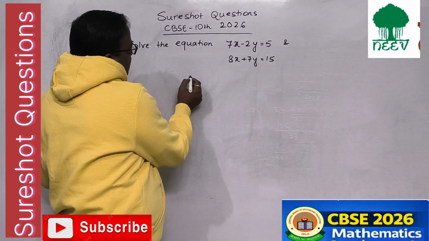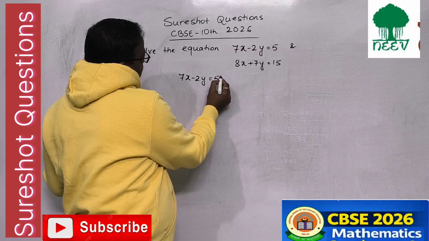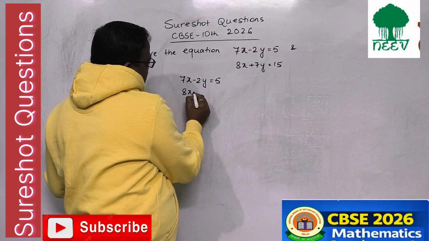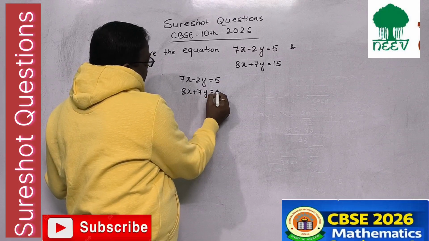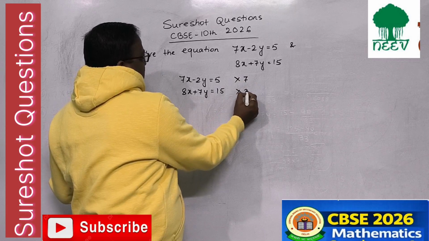So let's take 7x minus 2y is equal to 5 and 8x plus 7y is equal to 15. We'll multiply the first with 7 and the second with 2.